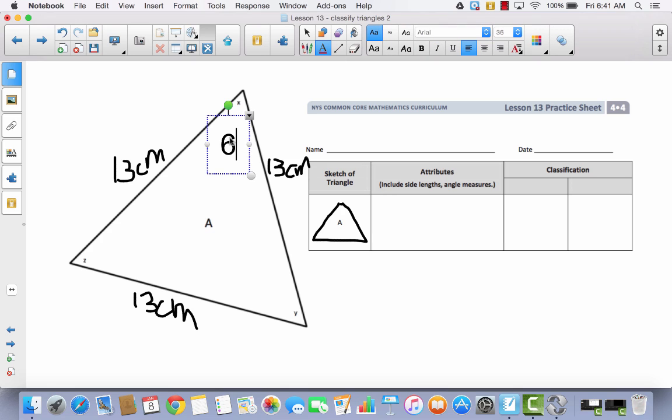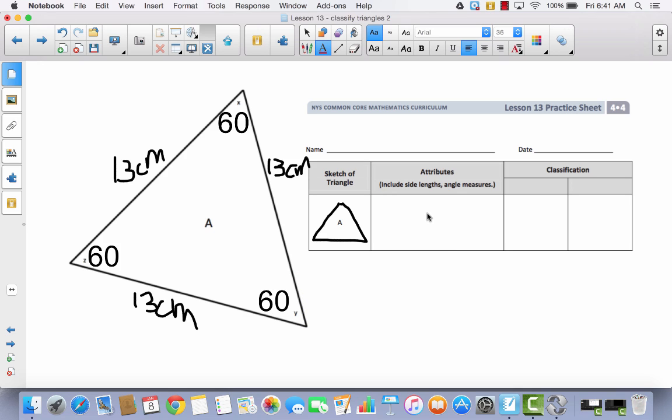Did you find them to all be 60 degrees? Because I did. So you should have put 60 degrees inside every single one of these angles. So 60, 60, and 60. So don't forget to put your degree symbol up there. I'm having some technical difficulties today, so I don't have it up there.